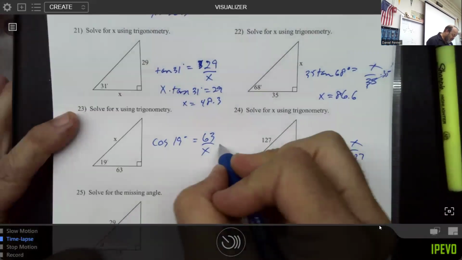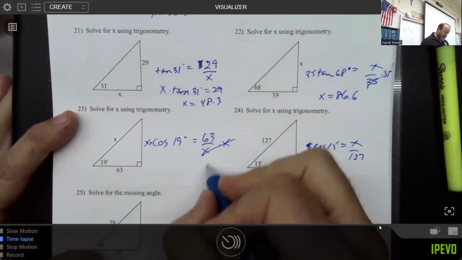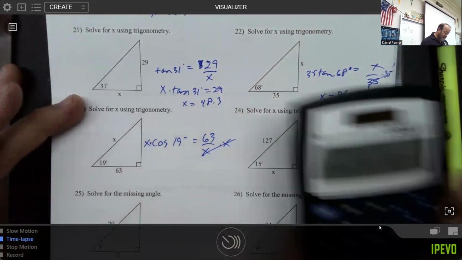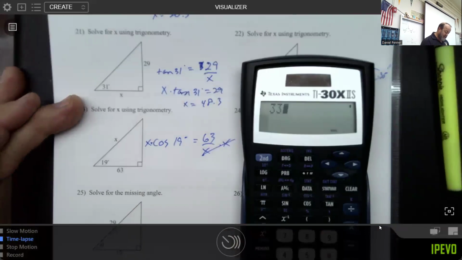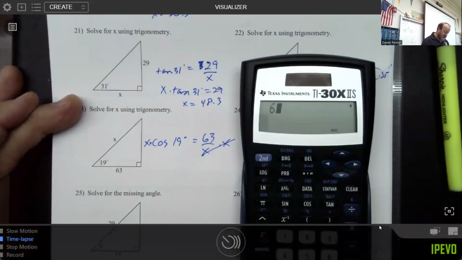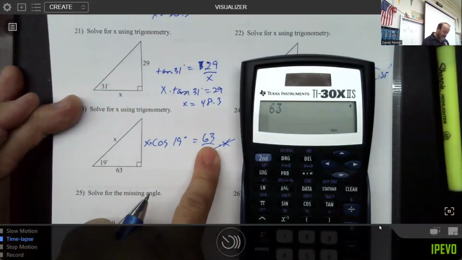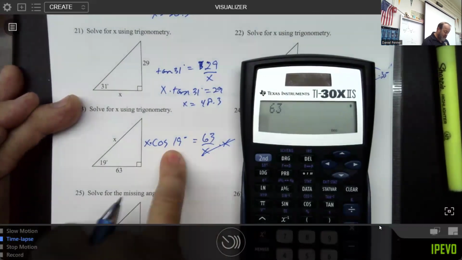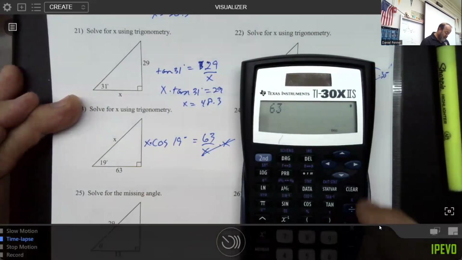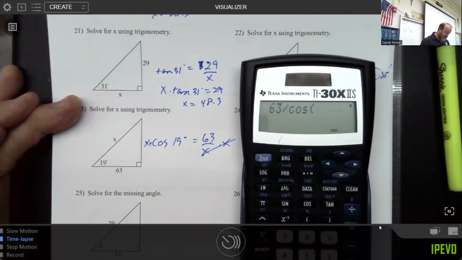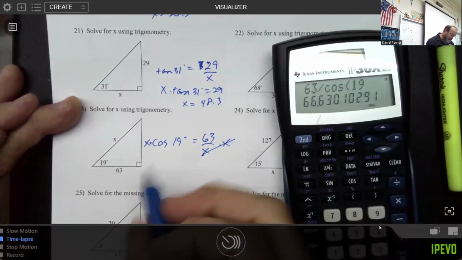But of course, we're going to cross multiply to get that variable out of the denominator. Then we're just practicing that skill that when that happens, I'm going to have to divide to get rid of that multiplication. So 63 divided by the cosine of 19, and we're good to go, 66.6.